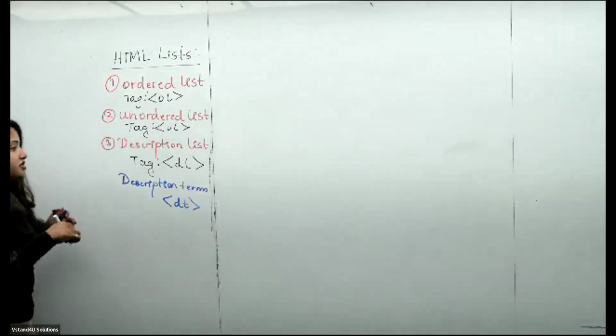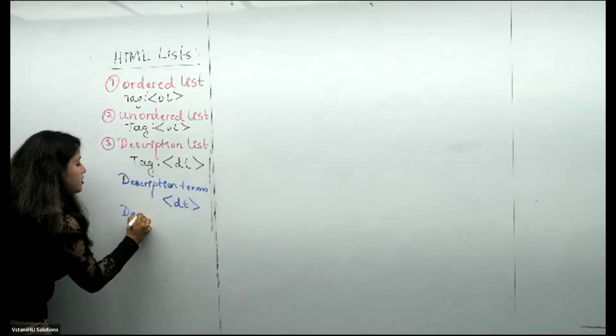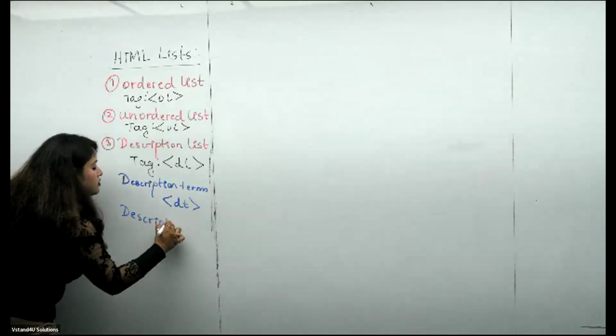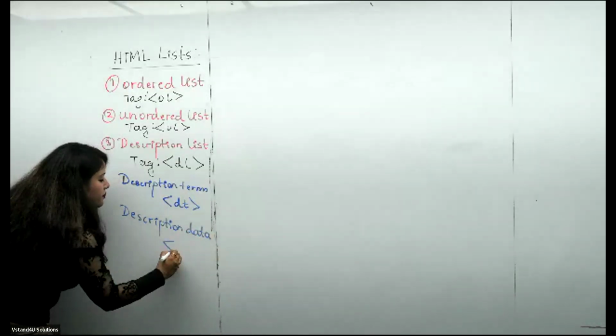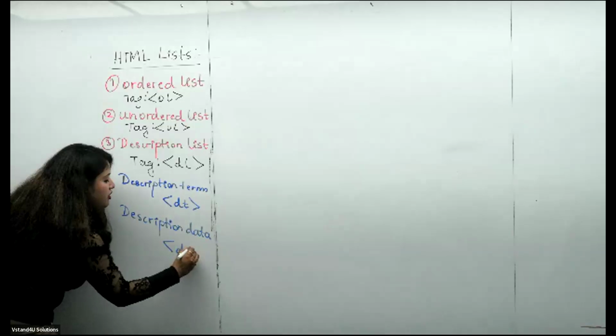Clear? Next one, you have something called description data, and this is represented in the form of DD.